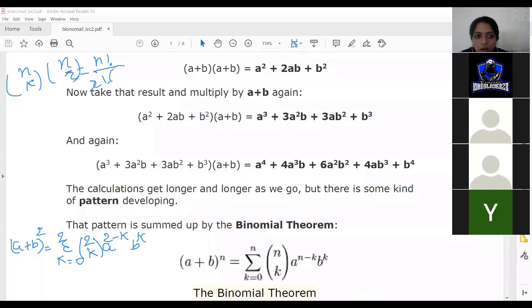Okay, Krish, give me the answer of nC0. 1. Yuvraj, what is the answer of nC1?